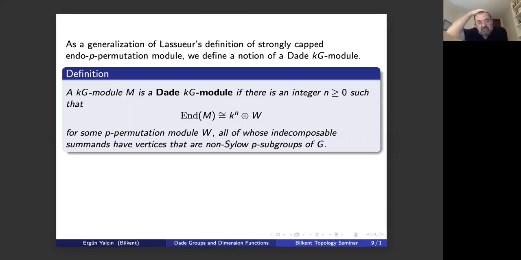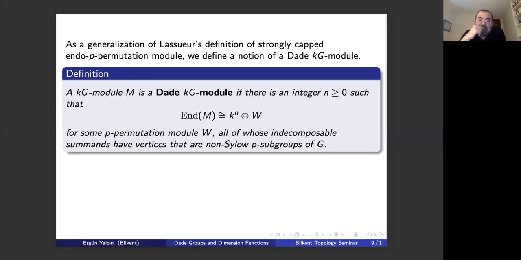So we said, can we extend it at least by putting an n there? So this is our definition with Matthew. We say a kG-module N is a Dade kG-module if there is an n such that N is k^n plus W, where W is a module which has summands whose vertices are non-zero p-subgroups.